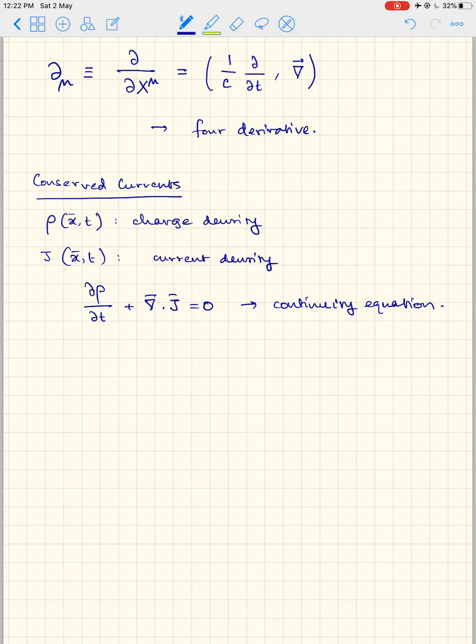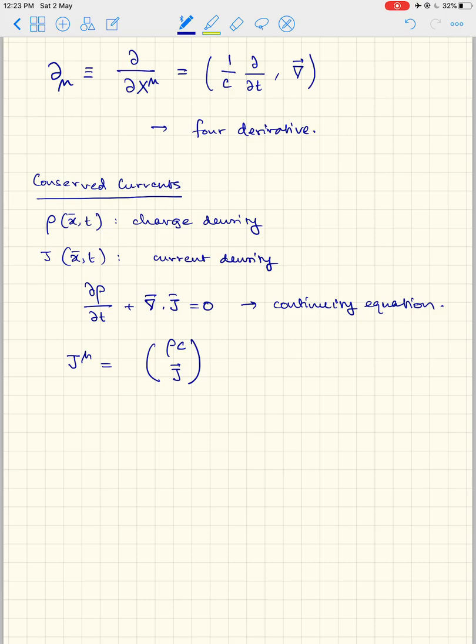So let's define something called J mu, which is rho c and j. Okay. First, we have to sort of convince ourselves that this actually makes sense.